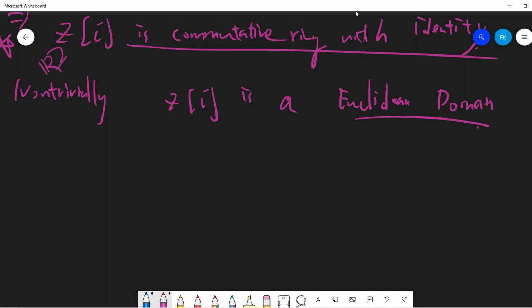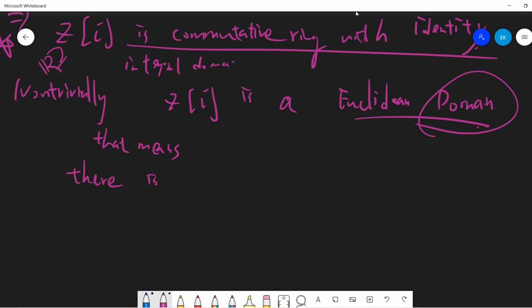So Z[i] is also an integral domain. So that means there exists a norm. I should say norm, I write N.